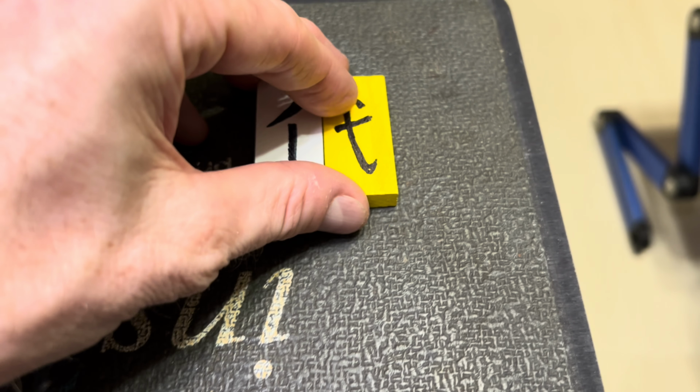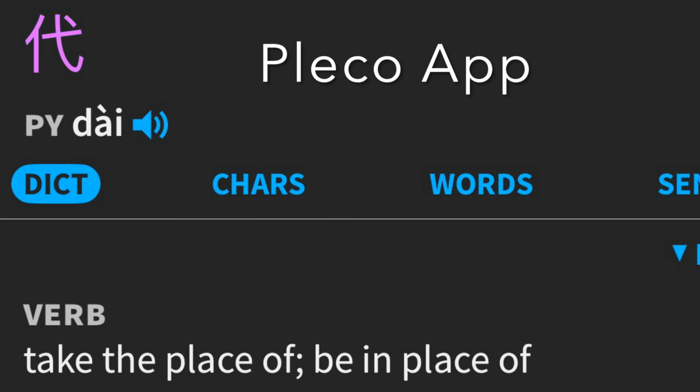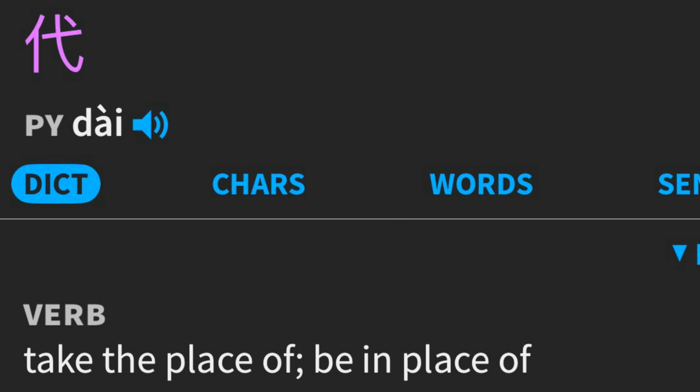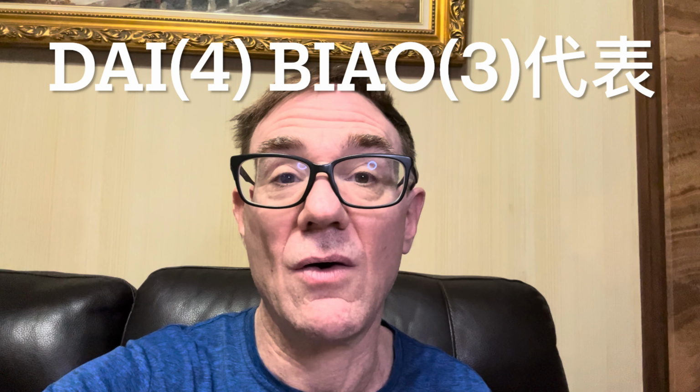I'll give you a couple examples. As a verb, to take the place of, substitute. Example, 代表 means to represent, or 代替 to substitute. 代理 is an agent or a representative for another person. 代课老师, substitute teacher.